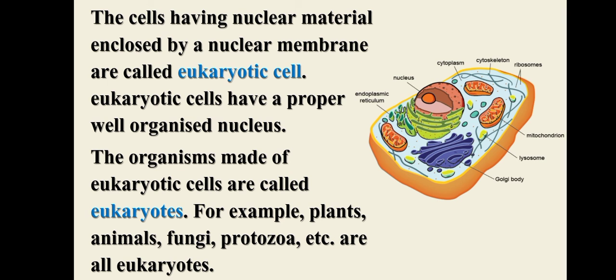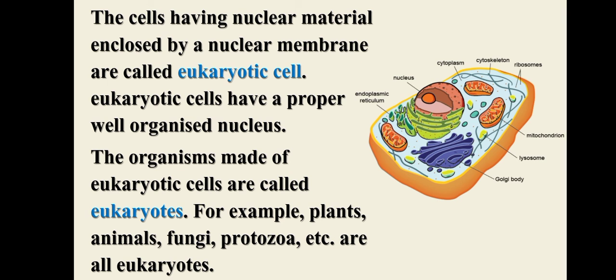Eukaryotic cells are more advanced than prokaryotic cells. Amoeba cell is a eukaryotic cell because it has a proper nucleus bound by a nuclear membrane. The onion peel cells and cheek cells are also eukaryotic cells.